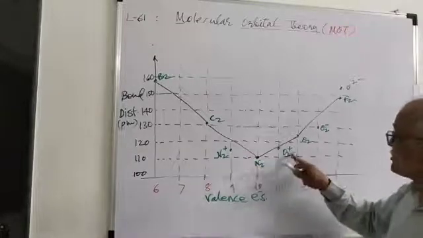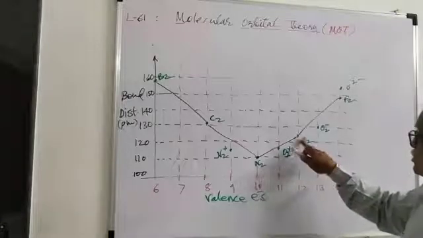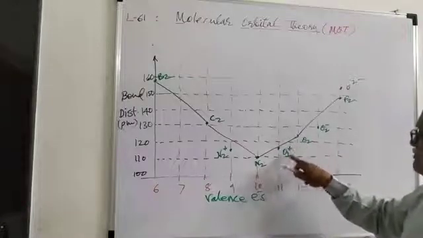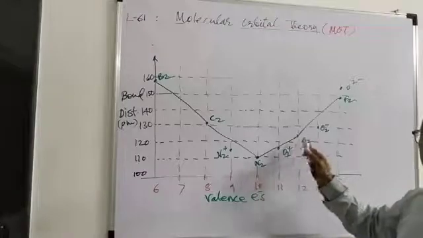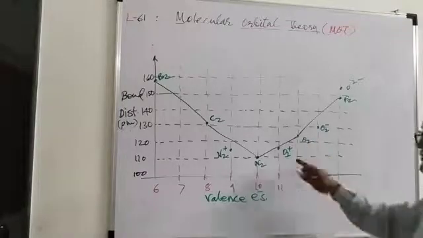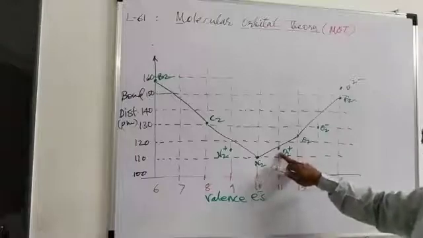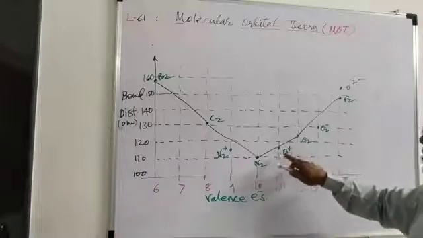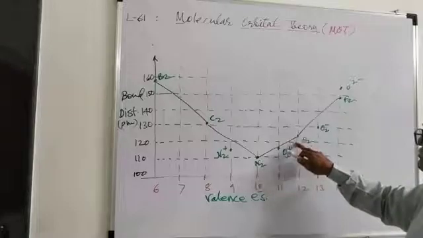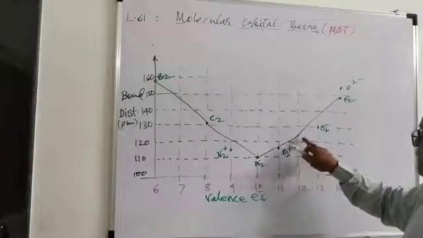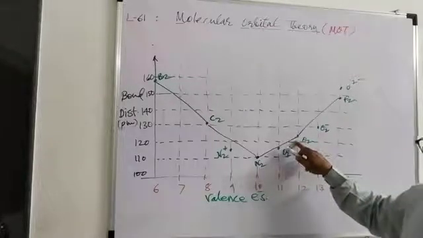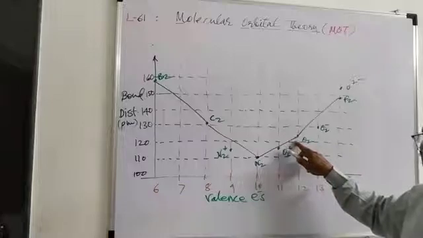Here in case of O2 plus compared to O2, by removing one more electron, the bond order decreases by 0.5 and the bond is weakened, and therefore the electron is removed from the antibonding molecular orbital.